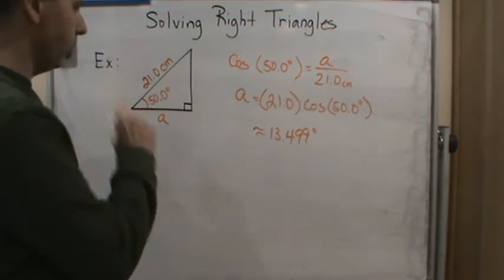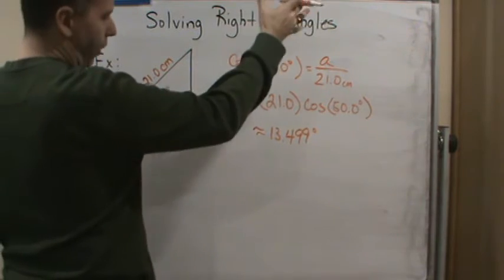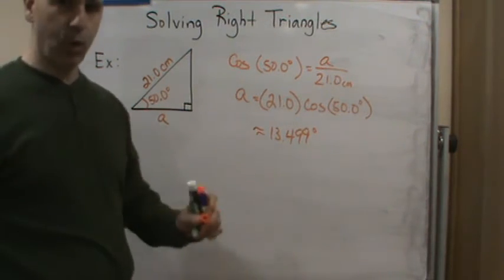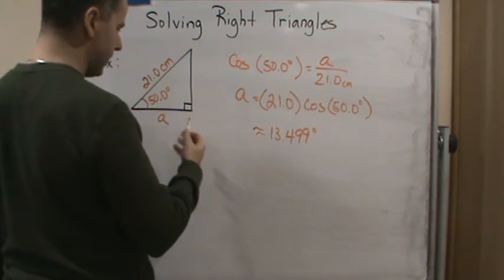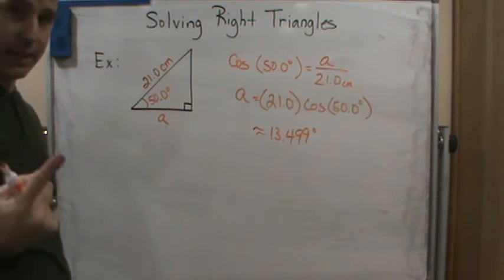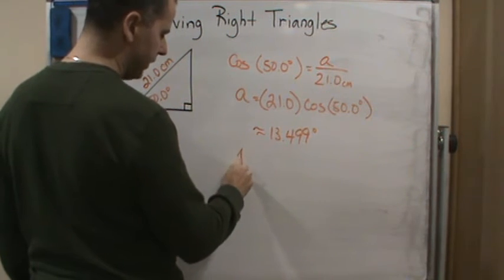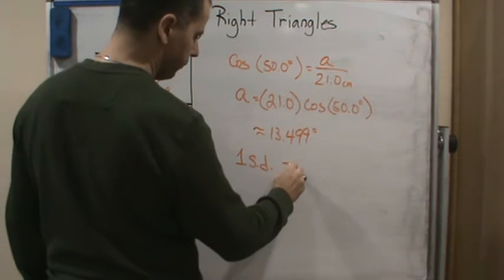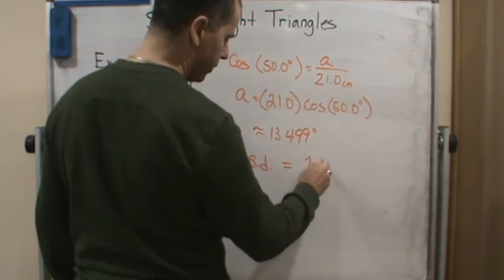Now, before we end, a couple of things. One thing is to talk about rounding. If we're given one significant digit, then we round to the nearest degree.